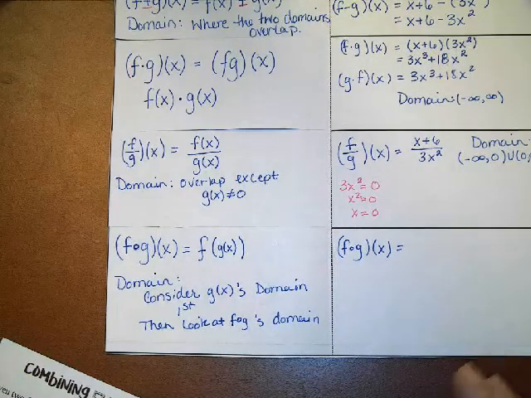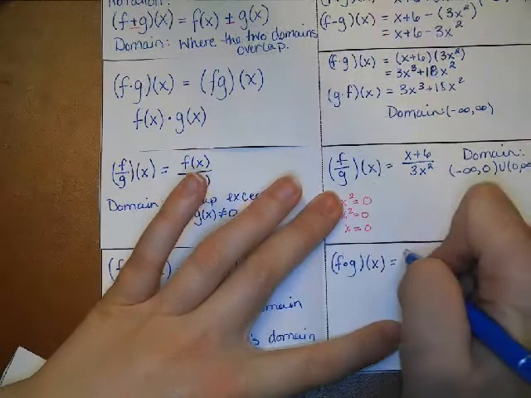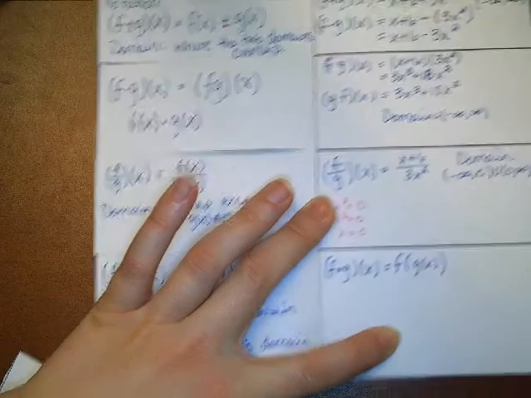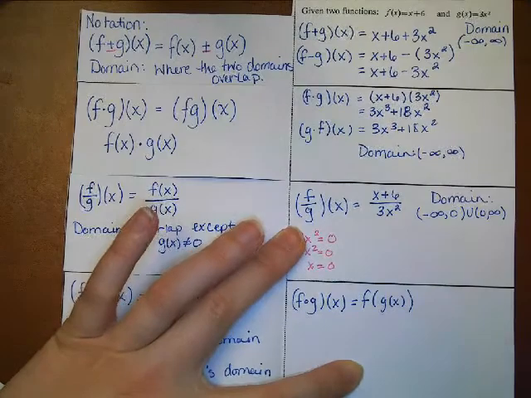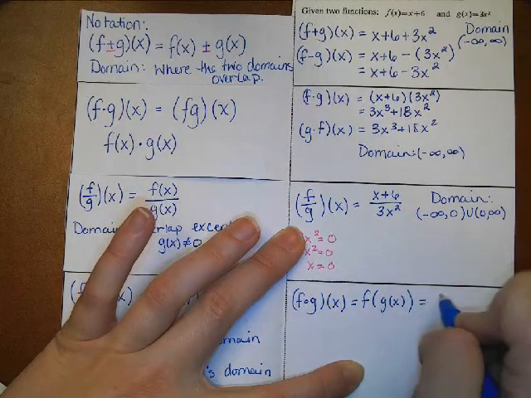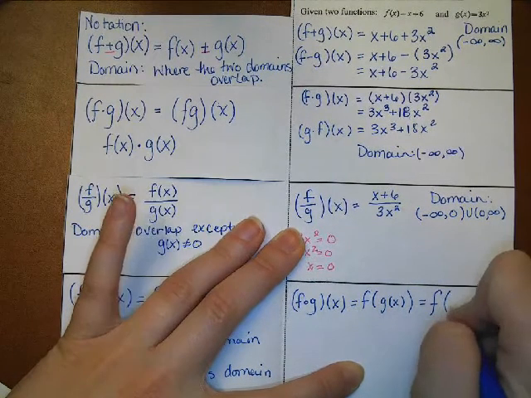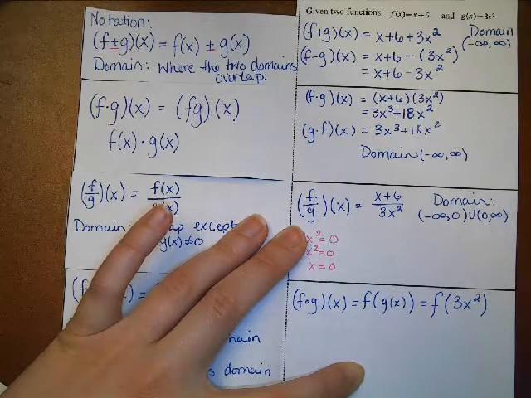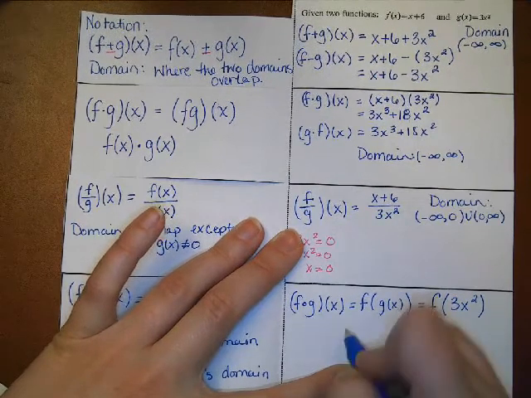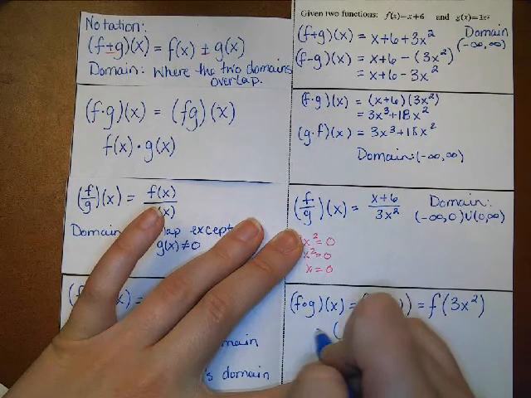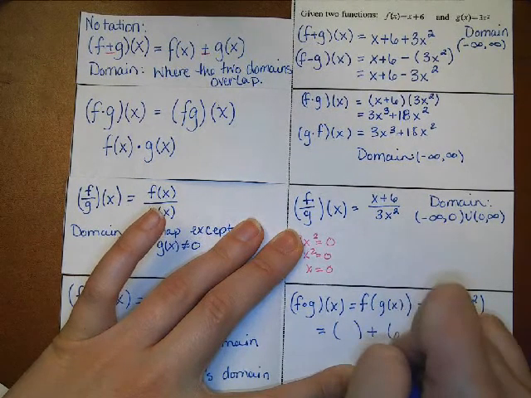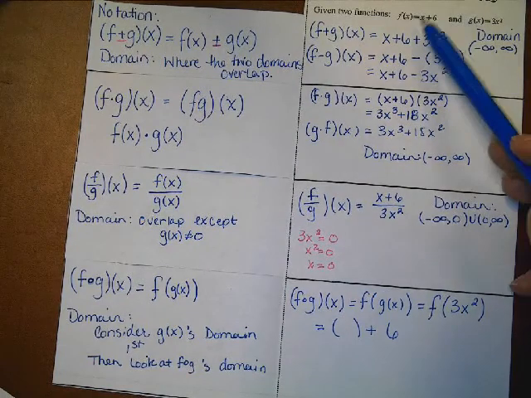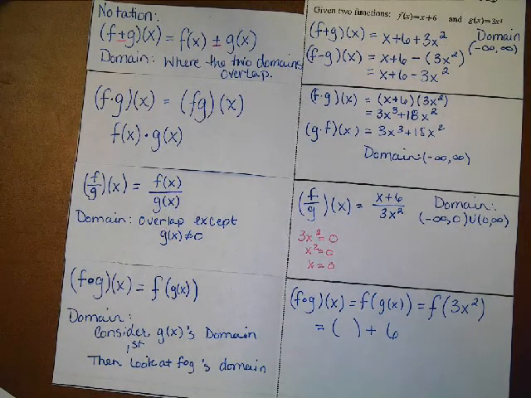So let's do f composed with g of x for this example. So this is f of x with, instead of x's, you write g of x. So Alex pointed out it might be easier to write this as f of 3x squared. So that means this stuff plus 6, right?